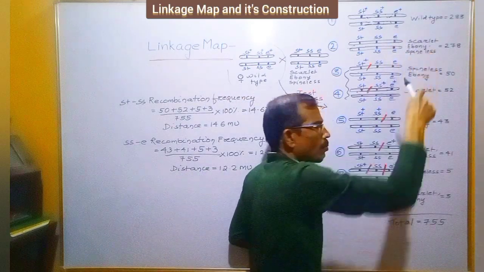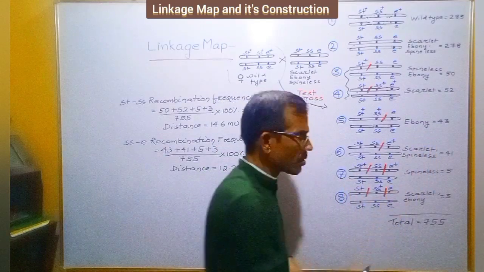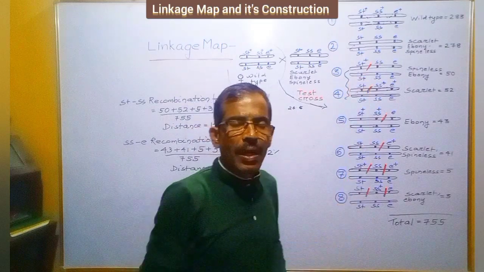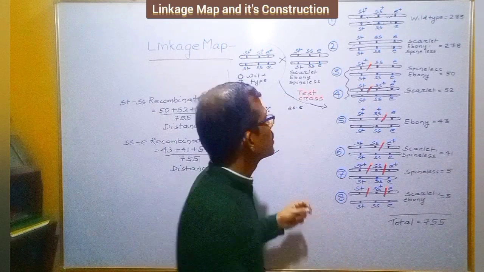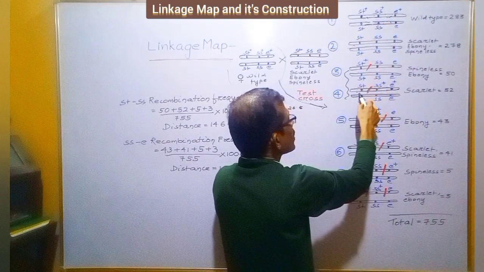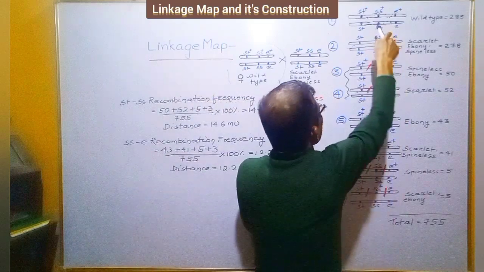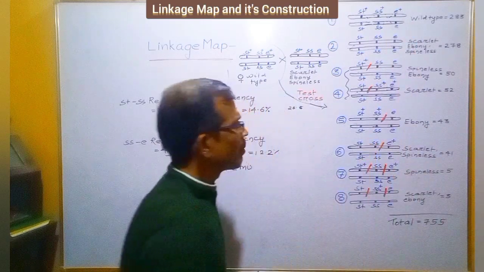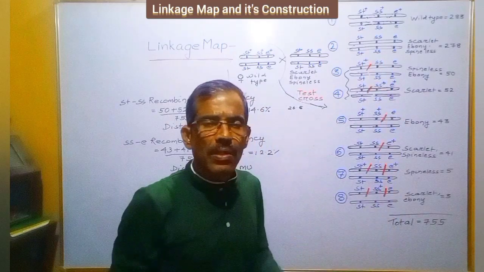Non-recombinant progenies are most numerous and double crossover progenies are least numerous. The remaining 4 phenotypic classes have been produced as a result of single crossover. So when crossing over takes place between ST and SS locus, these two phenotypic classes are produced, and when crossing over occurs between SS and E locus, these two phenotypic classes are produced. The red slash indicates the location of crossing over.